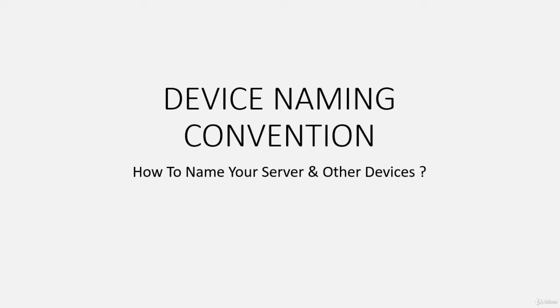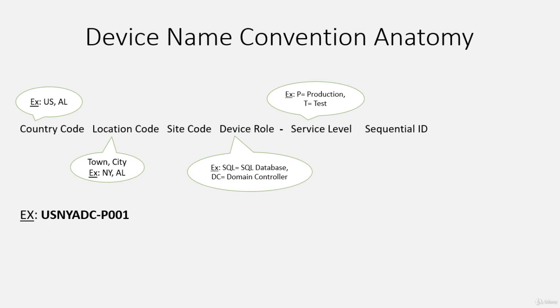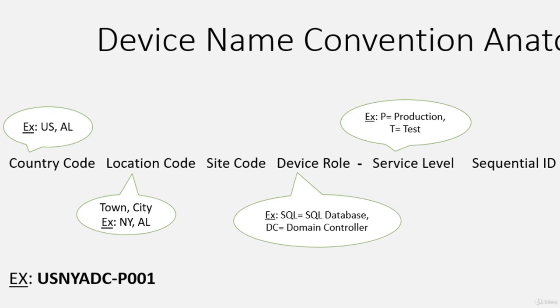But if you have the charge of elaborating such a convention, you have to establish an effective one. This will help you and your team to quickly identify a device, its location, and its purpose, simply by reading its name. Your naming convention could be, but not necessarily, like follows.